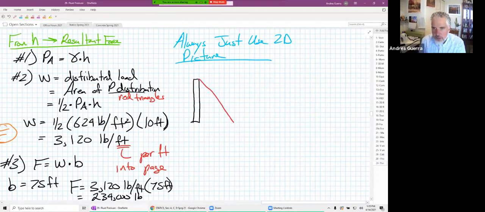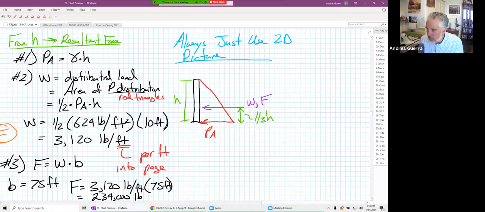Here's our pressure distribution, our pressure down here at A, our W. What color did I use for W? I think I used purple. Our W is going to act right here. And this is also the same location as the force, because they're both at 1/3 of whatever the height of the wall is equal to.